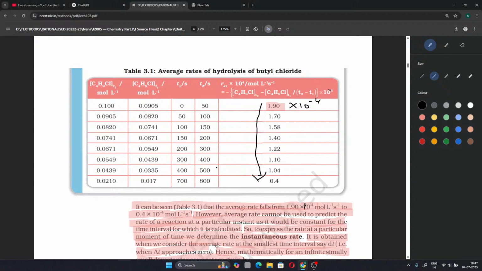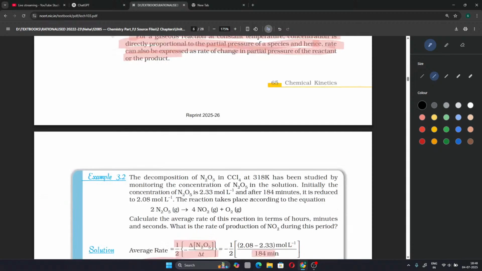That will also affect the rate of the reaction. Clearly we can see the concentration going from 0.1 to 0.9 to 0.8 to 0.7 to 0.6 and 0.4 and 0.2. As we go down, the concentration is decreasing, and the highest rate value is 1.90, close to 2, and the lowest is 0.4. That is what they are saying here.